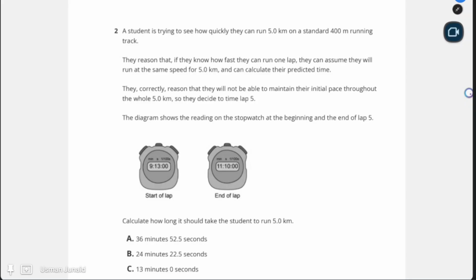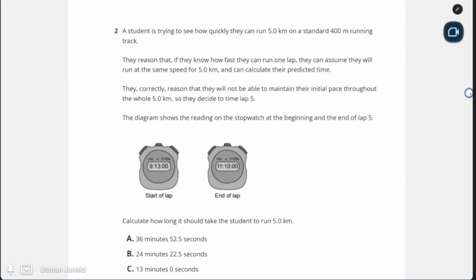They correctly reason that they will not be able to maintain their initial pace throughout the whole 5 kilometers, so they decide to time lap 5. The diagram shows the readings on the stopwatch at the beginning and the end of lap 5. Calculate how long it should take the student to run 5 kilometers.